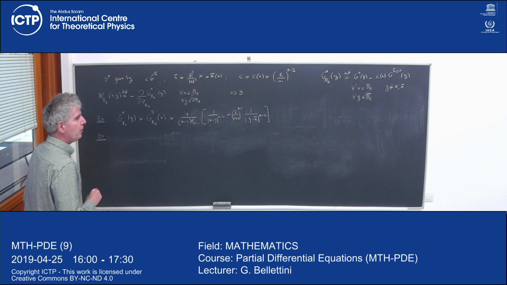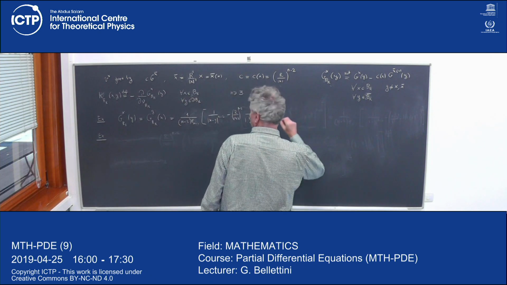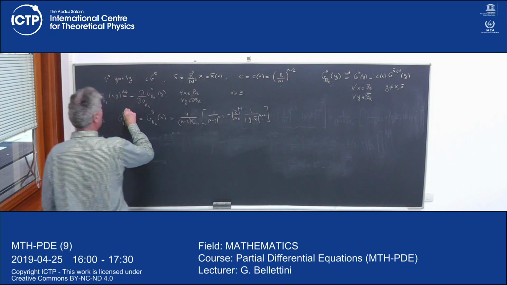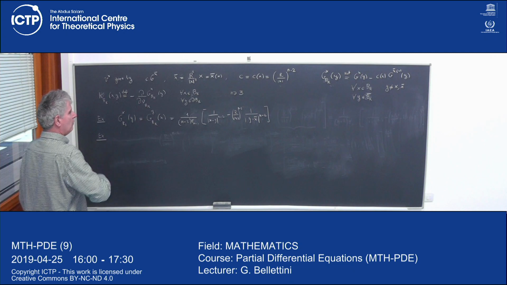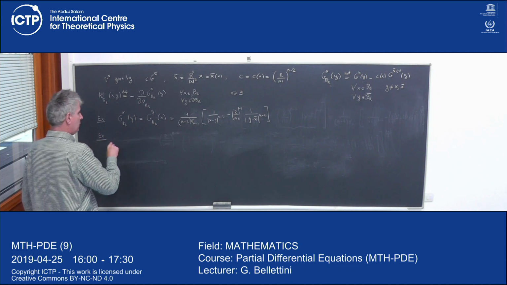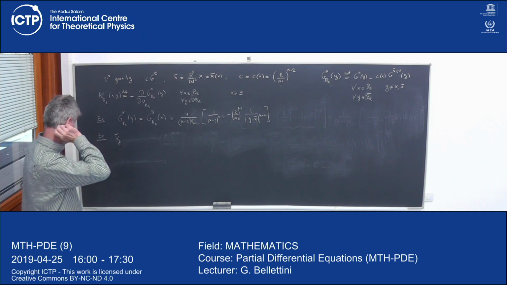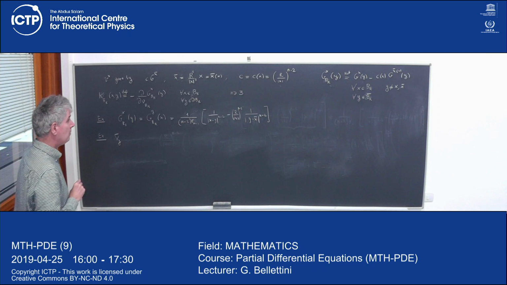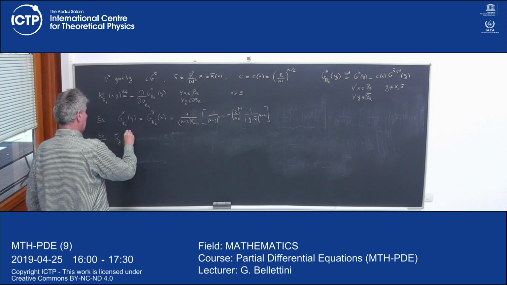Because we want to compute this quantity, and we are on the boundary of the ball, so we have to take the gradient. Let us start with this computation: the gradient with respect to y of the Green's function g of x, y.